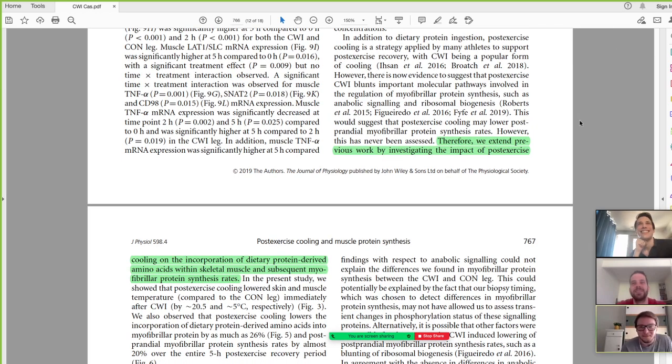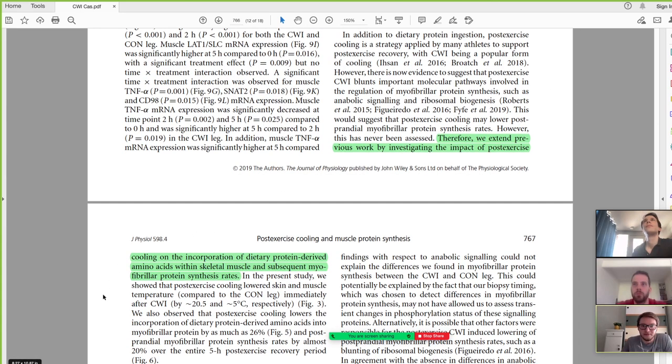I think after that, just to have a nice storyline, Cas gave a quick introduction on cold water immersion again, that it's often used, which was also said in the beginning of the paper in the introduction. So a very short summary of that: it has been shown that there could be an effect on anabolic signaling, but that's only a small part of recovery and remodeling of muscle.